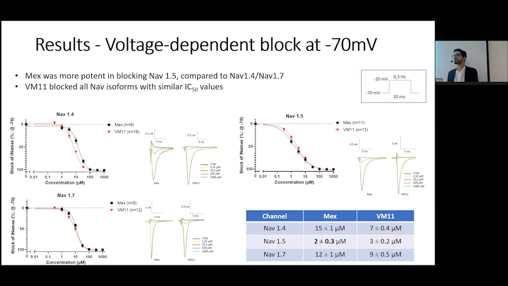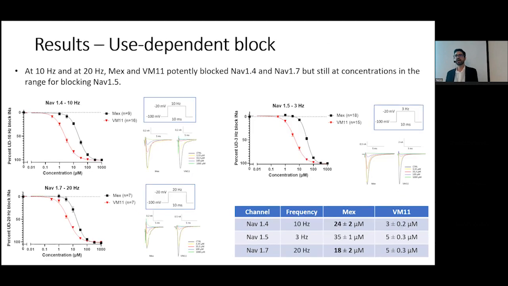As for the voltage-dependent block at -70 millivolts, we see that mexiletine was more potent in blocking NaV1.5 than the other two NaV isoforms, and WM11 blocked all sodium channel isoforms with similar IC50.